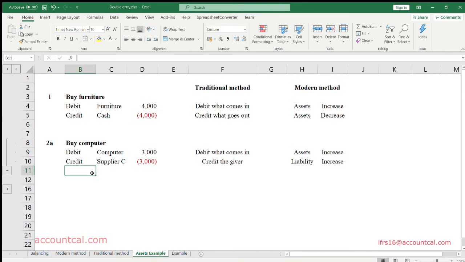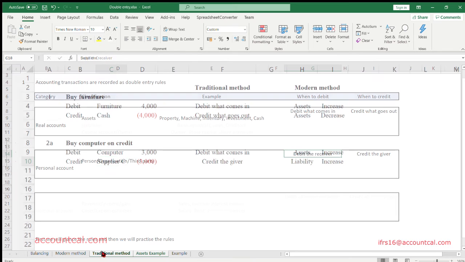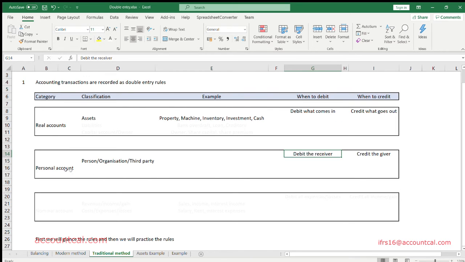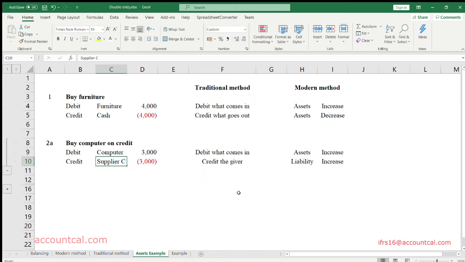So the transaction is we buy a computer on credit. We don't pay cash. We buy the computer on credit from a supplier C. Computer is an asset. Supplier C is a liability, a creditor, and also a personal account. It can be both.